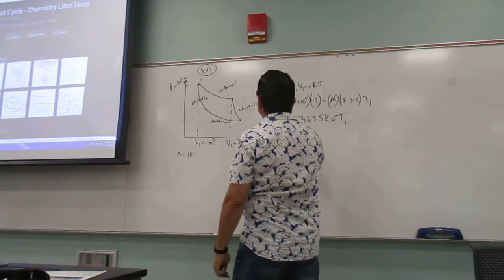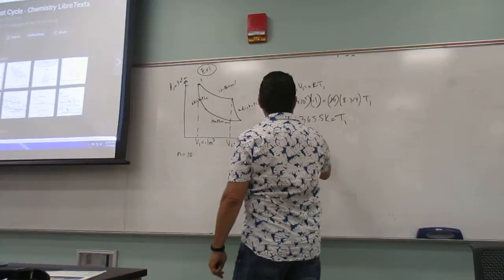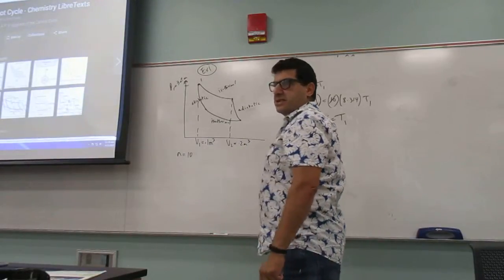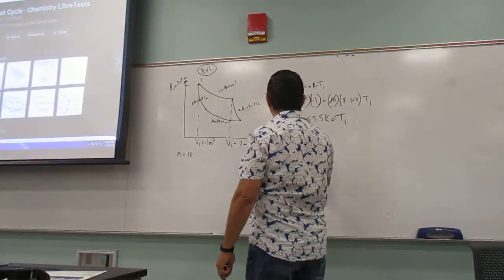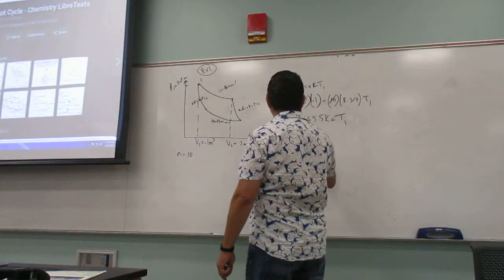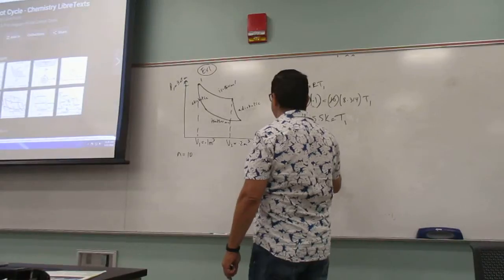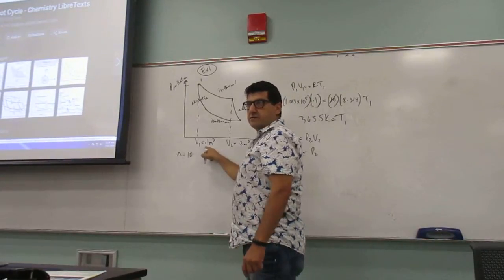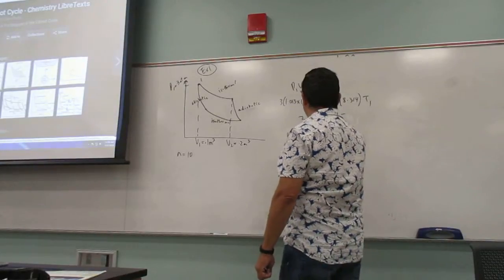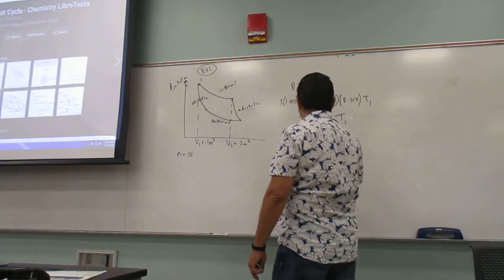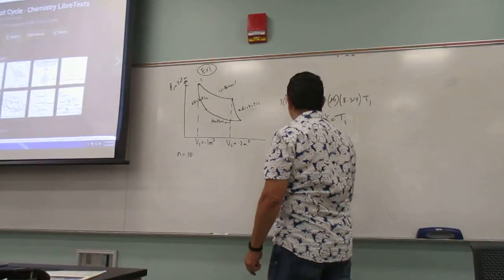So now you're going to say P1 V1 is P2 V2, because it's isothermal. So you have 0.1 for V1, P2 we don't know, and V2 is double V1. So then what should happen?